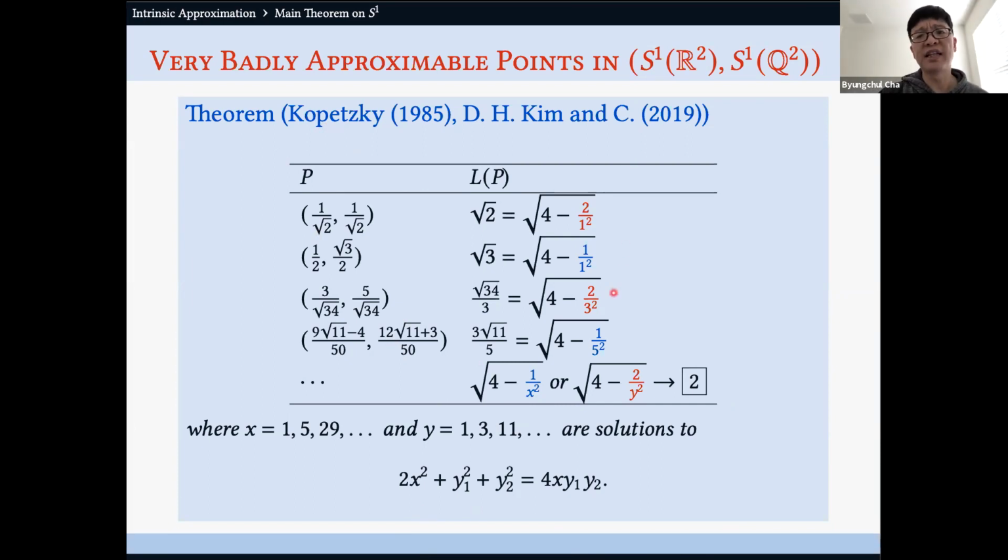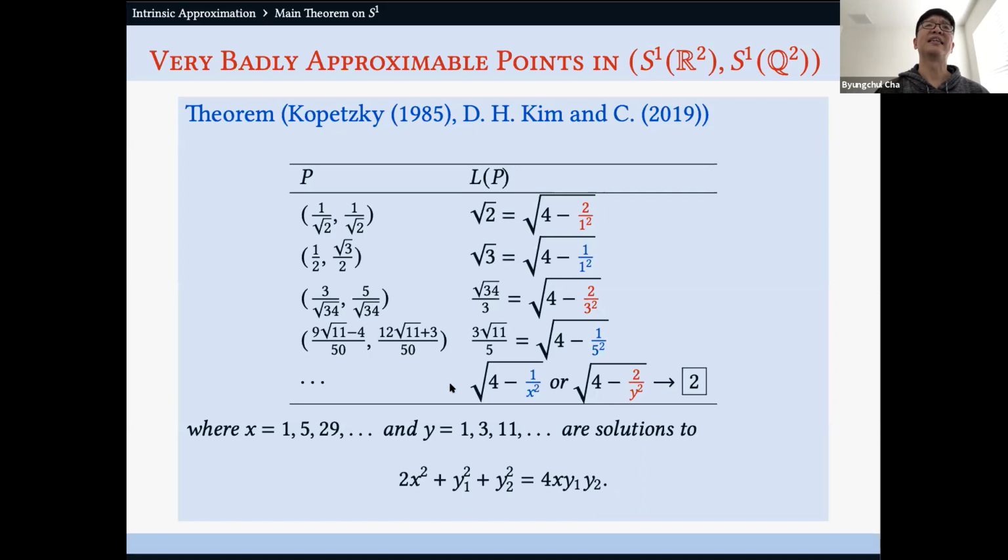At any rate, the statement goes like this. It's very similar to Markoff's original statement. What it says is that all the Lagrange numbers of very badly approximable points are characterized this way, coming from a slightly different Markov equation, 2x squared plus y1 squared plus y2 squared equals 4xy. They give Lagrange numbers with respect to this formula, depending on if you're x or y.